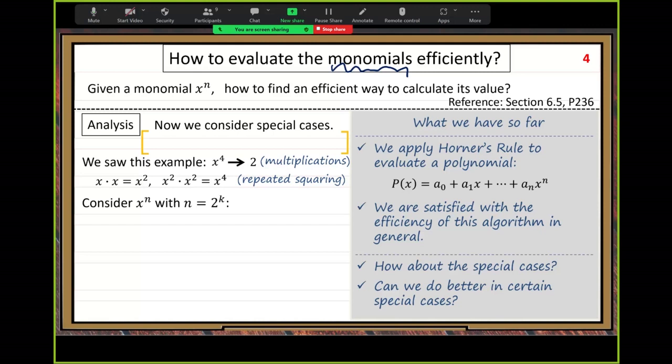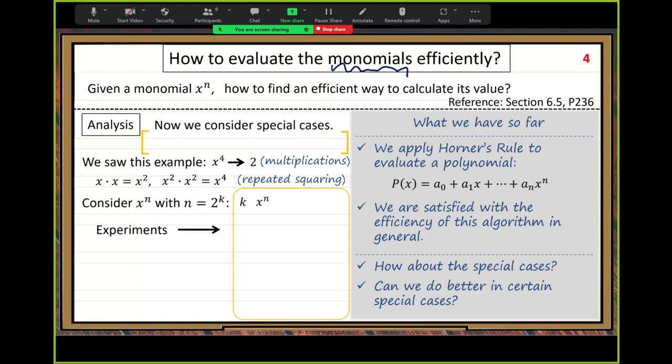In that case, every time we take the square of the current intermediate result. Let me use this little chart to do experiments.